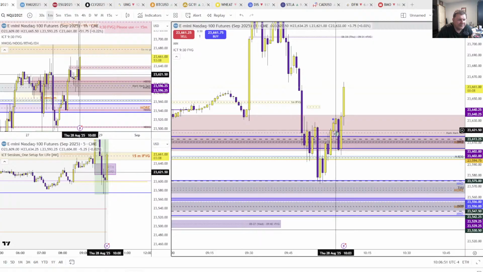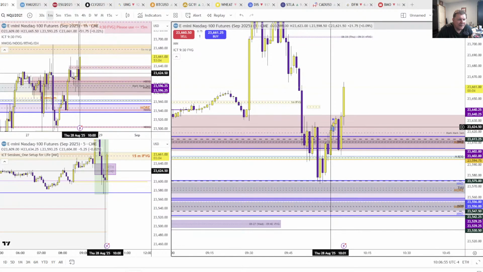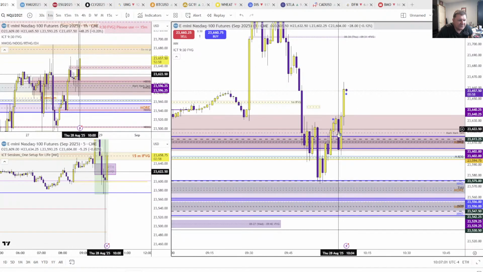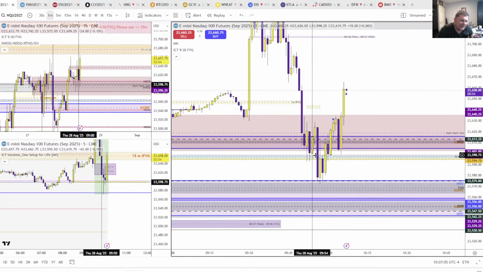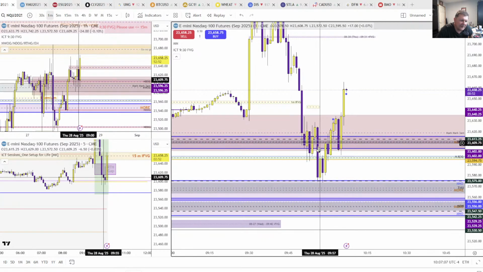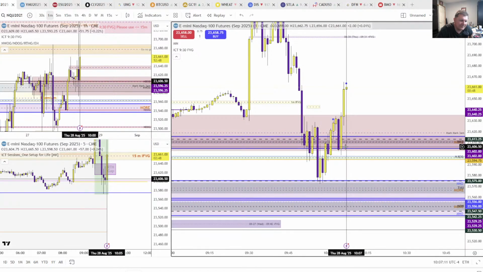This is the one that was, so anyway, I'm going to reiterate this so you understand. This was the entry right here for me to go higher. As soon as you see it take out that mean threshold, expect to see that run on that CIBI again. It comes back into the CIBI.